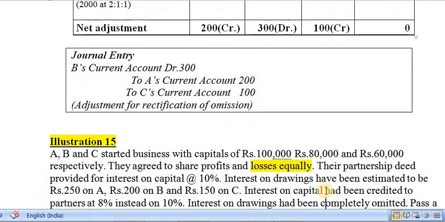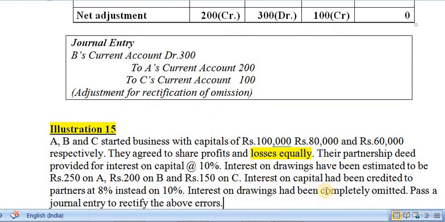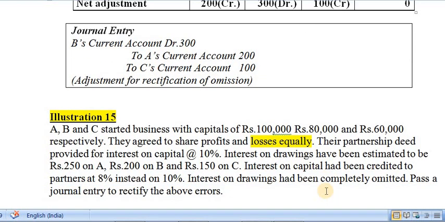Go to illustration 15. A, B, and C started business, that is the first year, with 100,000, 80,000, and 60,000. Okay. They agreed to share profits and losses equally.